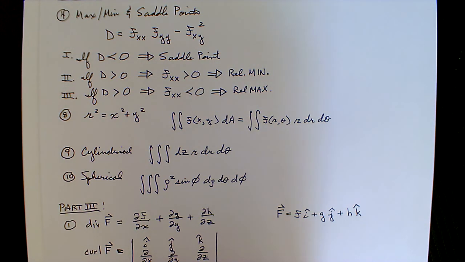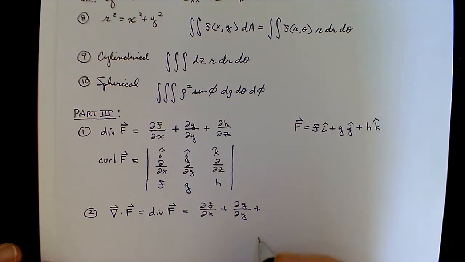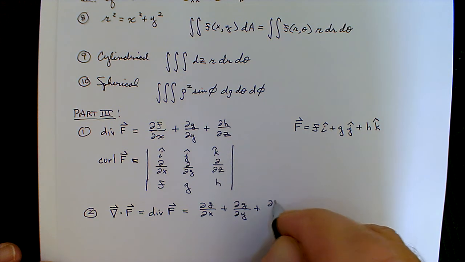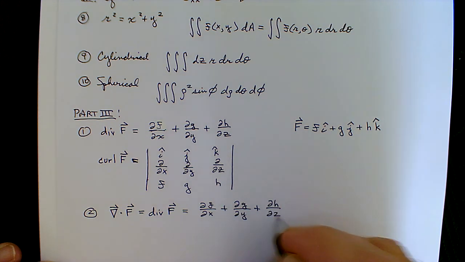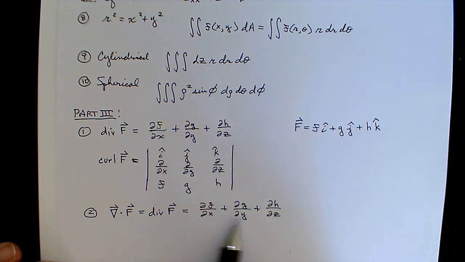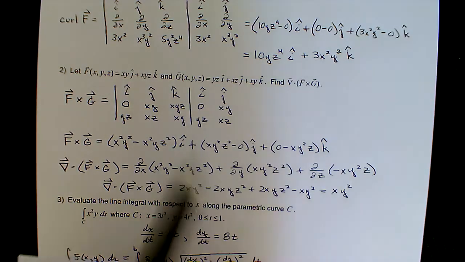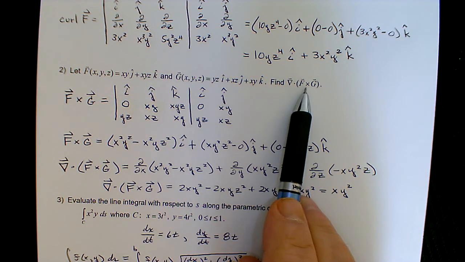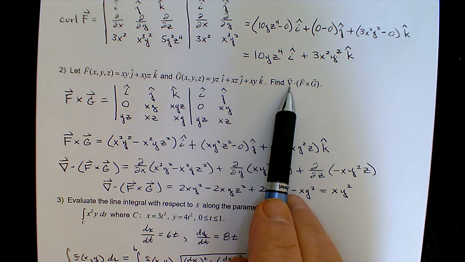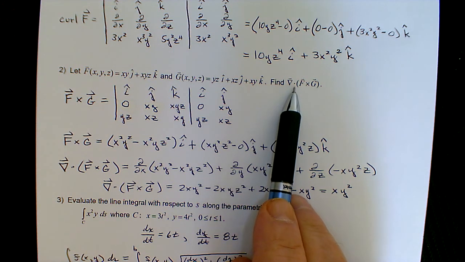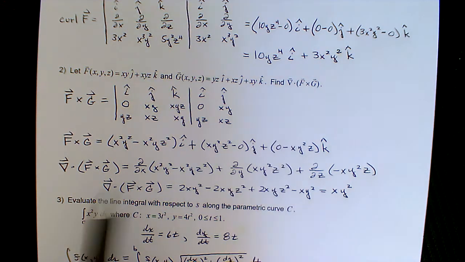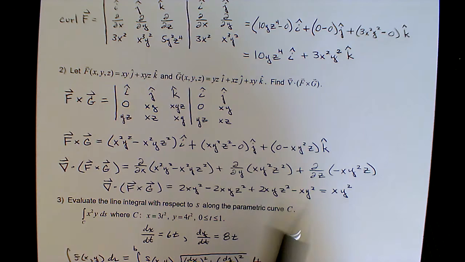So it's the partial of f with respect to x plus the partial of g with respect to y plus the partial of h with respect to z. But this particular problem, problem number 2, asks you to first find f cross g and then take the dot that with del. So you could see I kind of gave you the solution literally here.